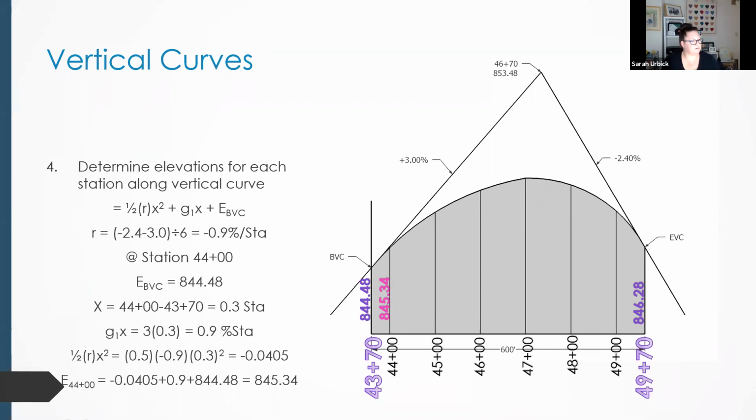Damn it, I had this earlier. It made sense in my head. So per 100 feet, we decrease 0.9 foot. And per, how many do we have? Like 600 feet, we decrease 0.9 times 6. Would that be that? Yes. No? Yes. Okay.